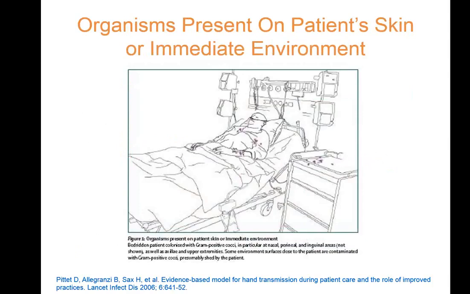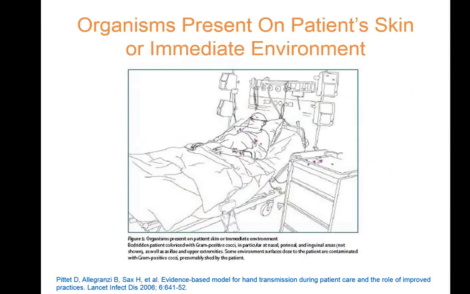So the bedridden patient particularly will be colonised around their nose, their perineum, and perhaps their inguinal areas and their upper extremities, sheds these organisms out into the environment. And those environments that are close, usually within about a metre of the patient, become very efficient reservoirs for organisms shed.